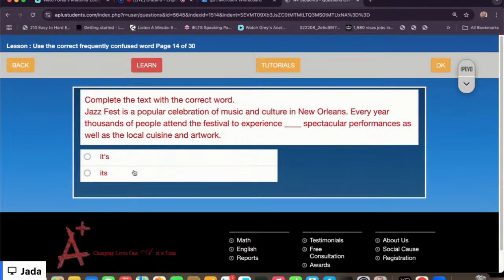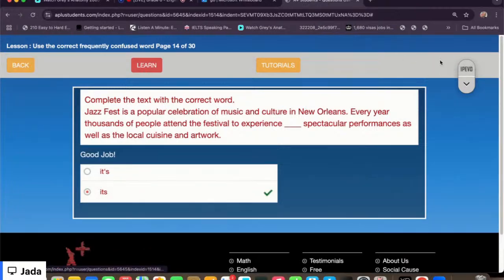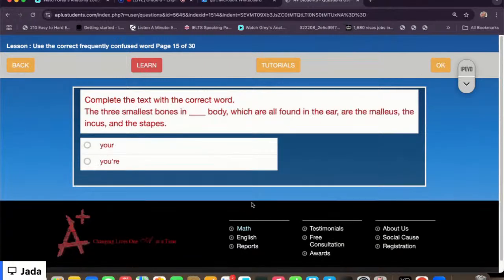So, which of them? So its performance, right?